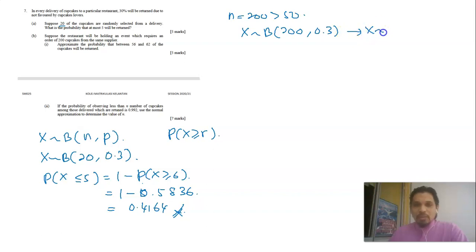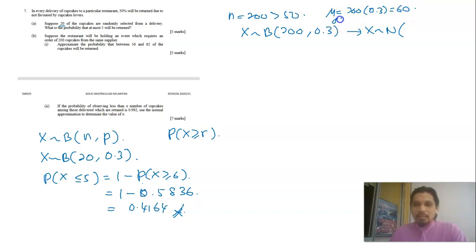Then we come up with the normal distribution with mu equal to 200 multiplied by 0.3, which gives you 60.